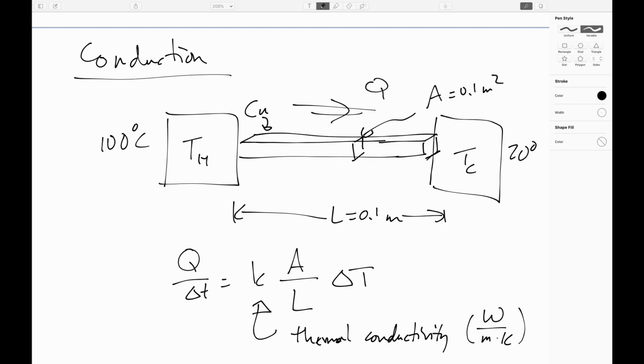If you go and buy insulation at the big box store or whatever, they actually quote what's called an R value. This is actually a thermal resistivity, which is the inverse of the thermal conductivity. So if the thermal conductivity is high, the resistivity is low, and vice versa.